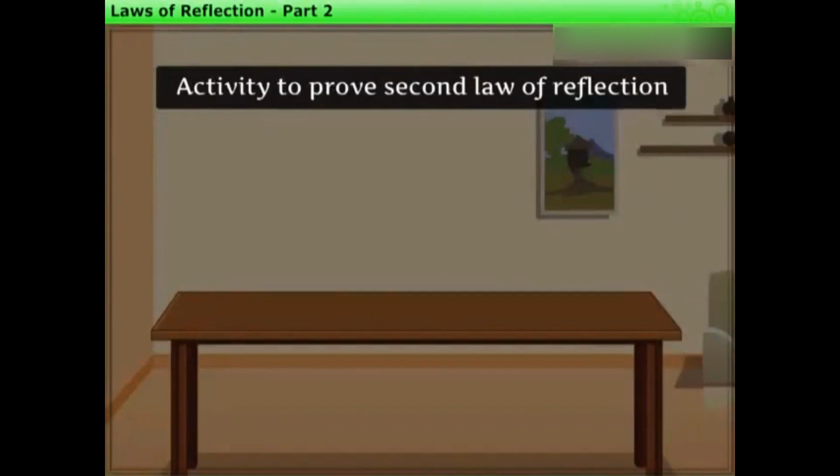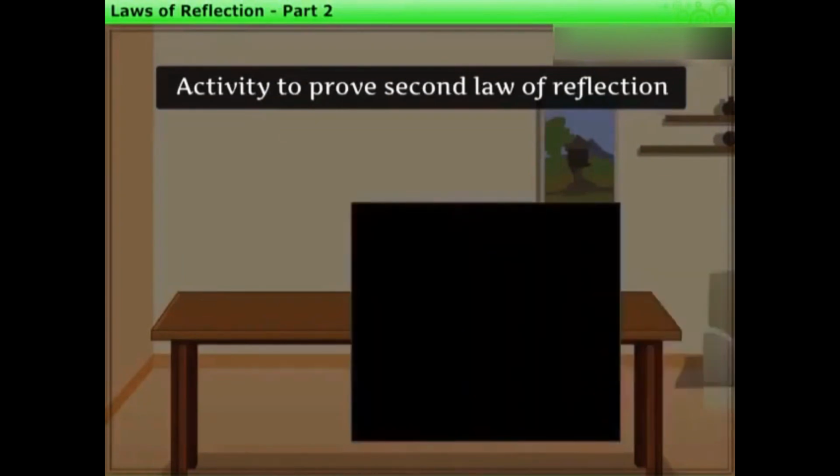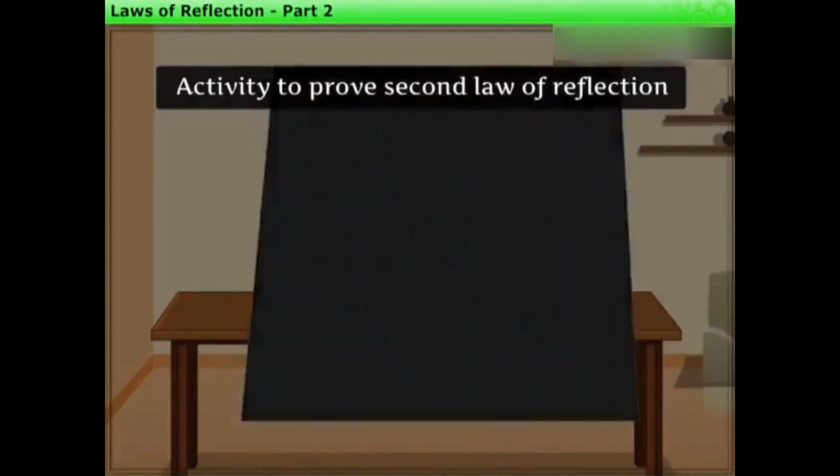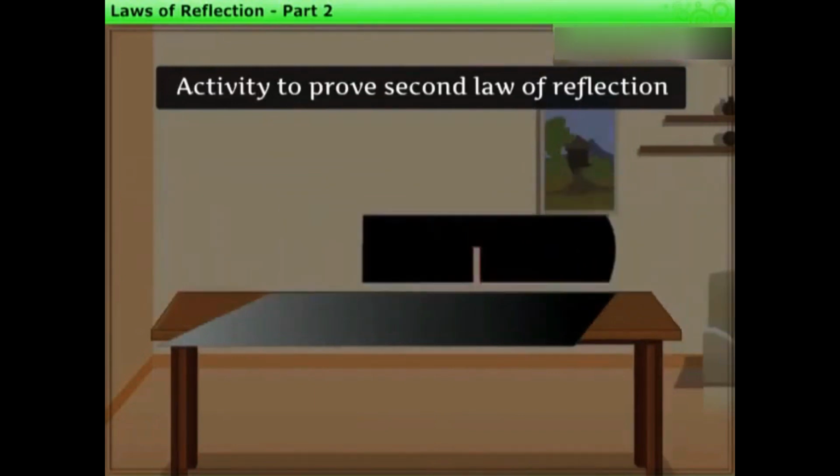Let us perform an activity to prove the second law of reflection. For that, take a sheet of stiff paper or a chart paper. Let the sheet extend a little beyond the edge of the table as shown. Take a comb and close all the openings except one in the middle using a strip of black paper as shown.